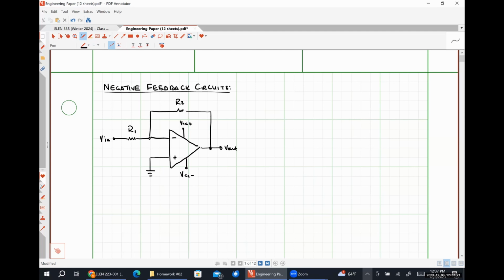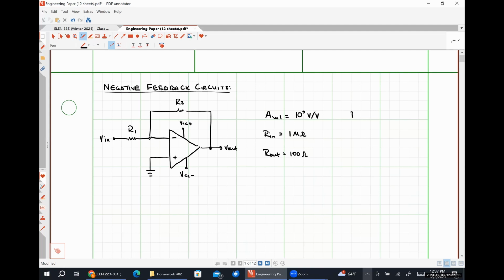Let's say, for the sake of argument, that our practical op-amp has the following parameters. We have an open loop voltage gain of 10 to the 5 volts per volt, so 100,000. We have an input resistance of Rin equal to 1 mega ohm, and an output resistance of Rout equal to 100 ohms.